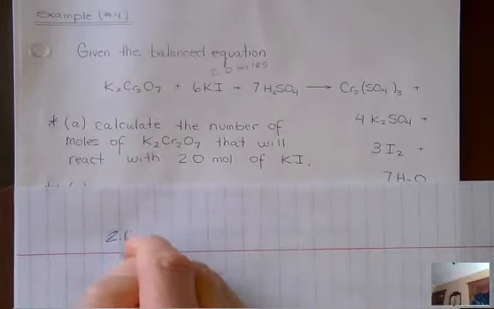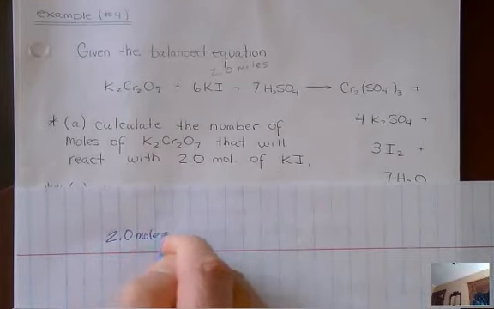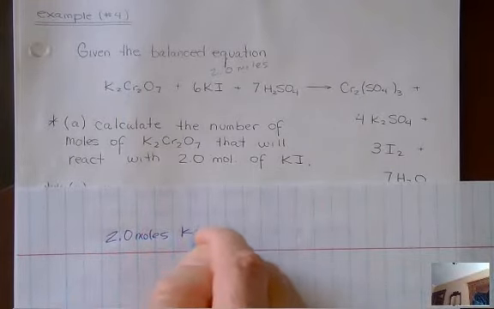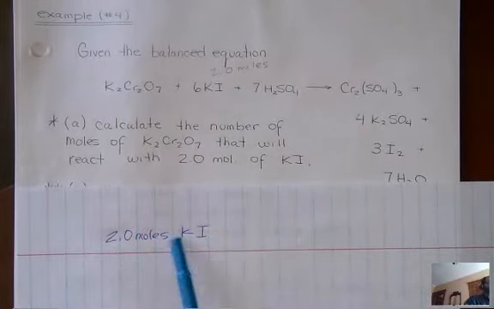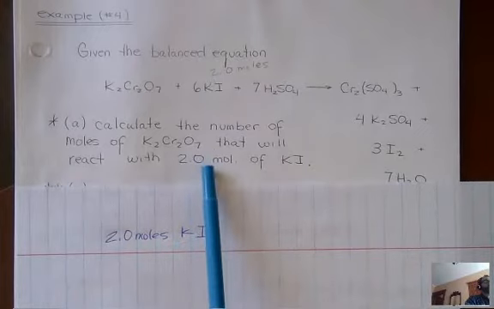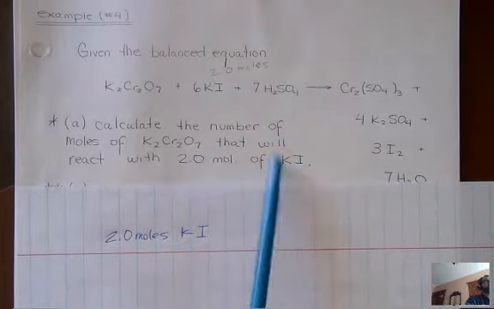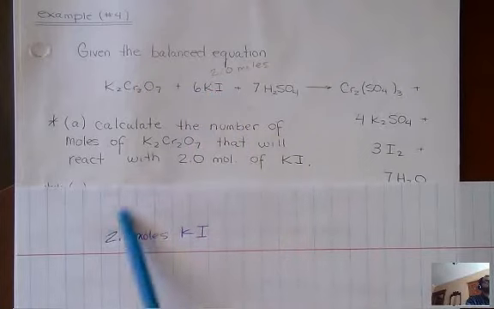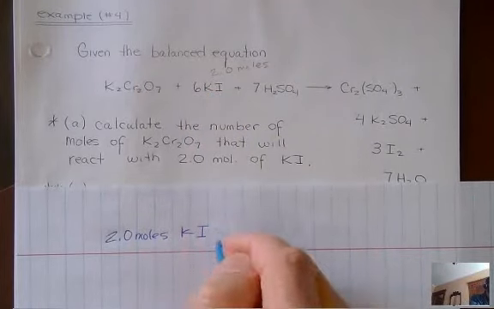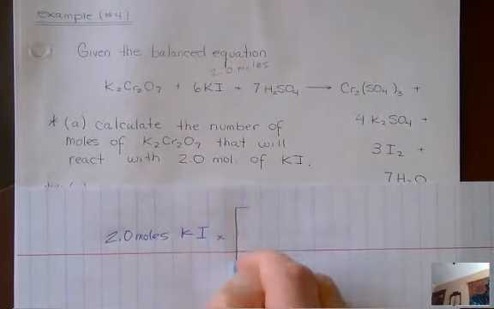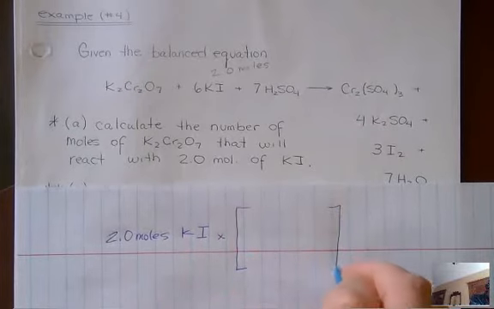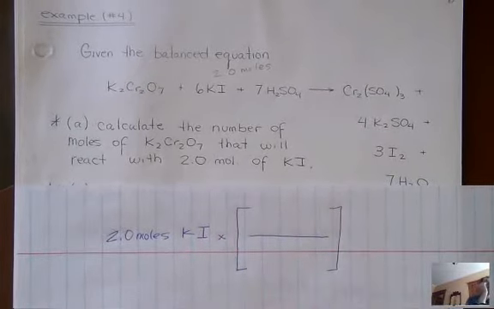So what do I always do? I write down the moles of the thing that I have. Okay, all right, this, guys, comes directly from what they asked you, 2 moles of KI. There's the KI. Don't put the 6 in yet. We're going to take care of the 6 in a second. Multiply it by a conversion factor. This conversion factor goes inside brackets.